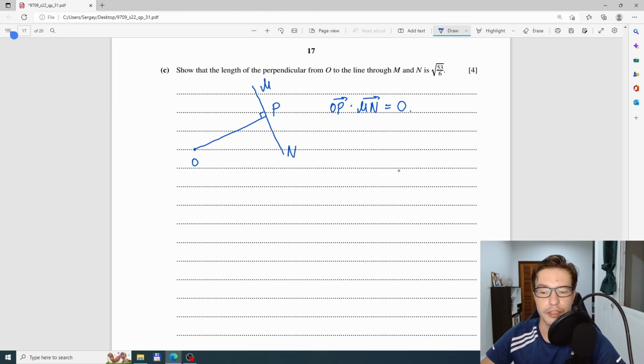Now, we already have the equation of the line MN, and let's say for the particular value of lambda, we get the point P. And I want to know this value of lambda.